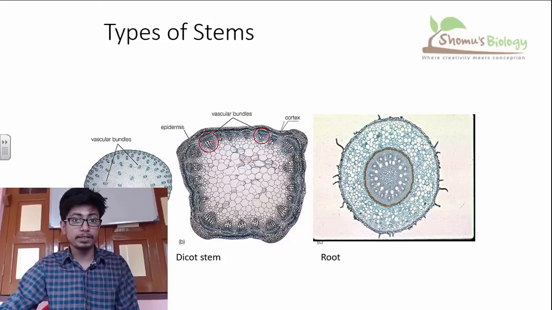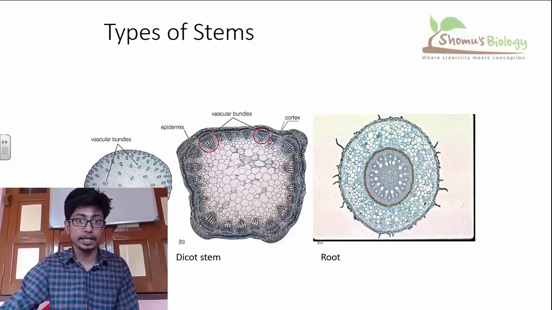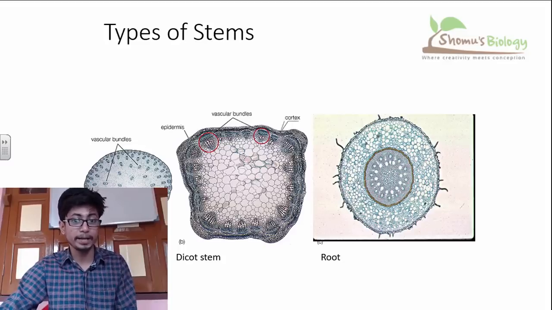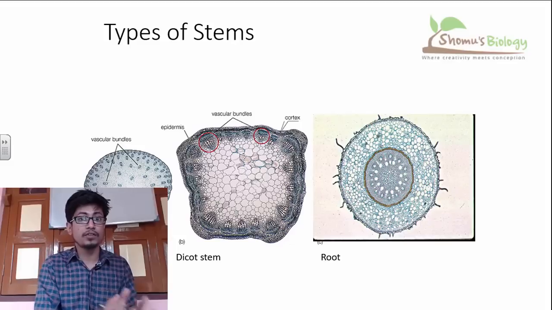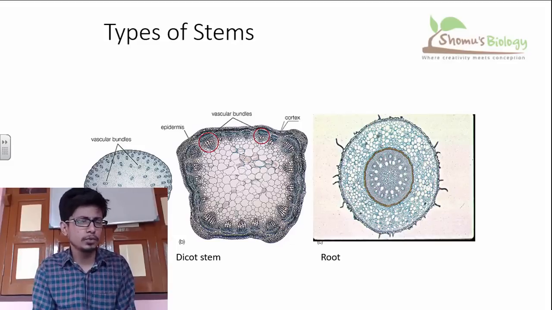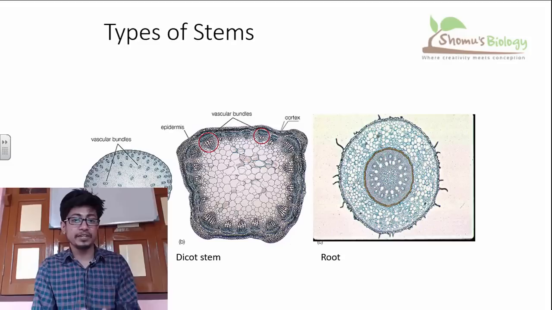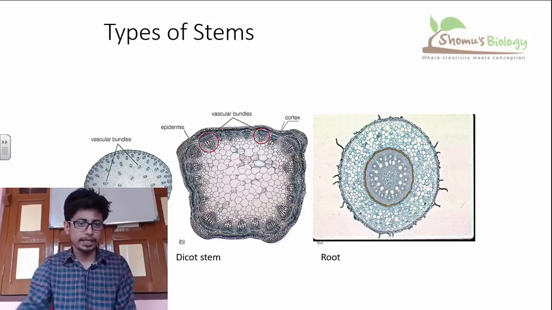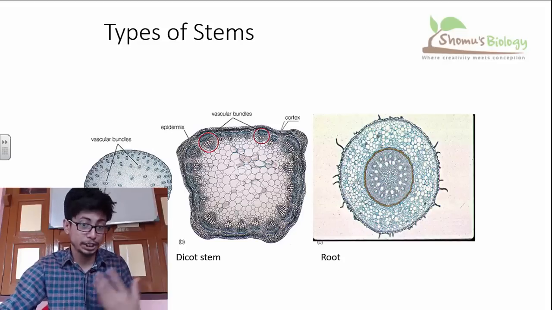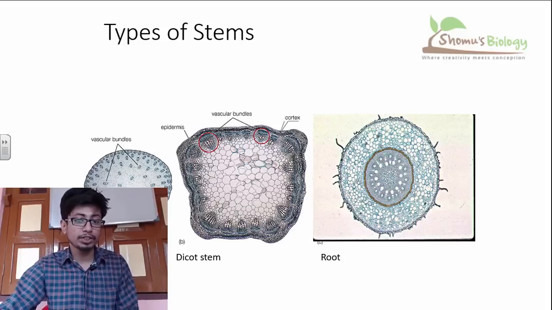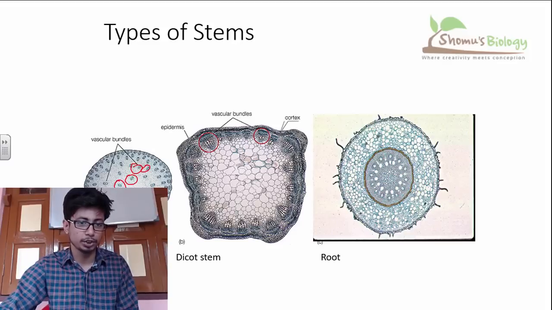The type of stem present here is either a monocot stem or a dicot stem. In the roots they also vary, like monocot root and dicot root. We didn't talk about it much, but in the stems there are some types. Monocot stems have a specific feature, and dicots have a different feature. In monocot stems, the vascular bundles are found scattered in the center portions.